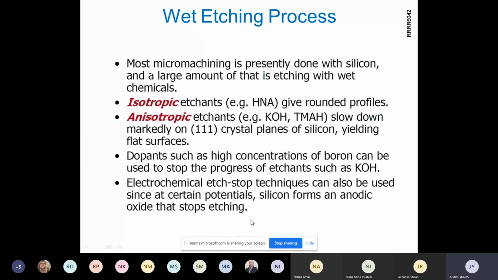Most micromachining is presently done with silicon, and a large amount of that is etching with wet chemical. So our substrate is commonly made of silicon. Therefore, there are two types of etching process, namely isotropic etching and anisotropic etching.